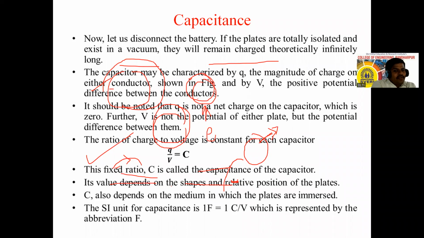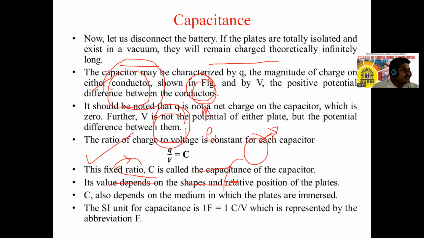Further, V is not the potential of either plate, but the potential difference between the two plates, and the ratio of charge to voltage is constant for each capacitor. The ratio of charge to voltage, that is Q by V, is constant in the case of a capacitor, and this is called the capacitance of the two plates.